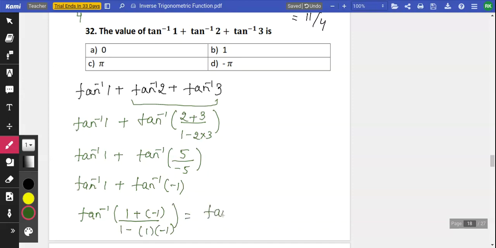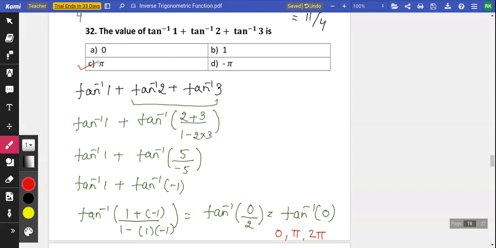It becomes tan inverse 0 upon 2, and 0 upon 2 means tan inverse 0. Now the value of tan inverse 0 is 0, pi, 0, pi, 2 pi. Here the options are A and C.